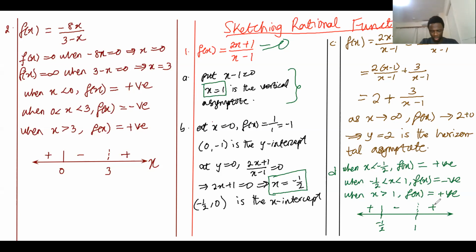So the next question is, we want to see what happens, let's discuss the behavior of the function near the asymptotes. Okay, let's go to the next slide for that.